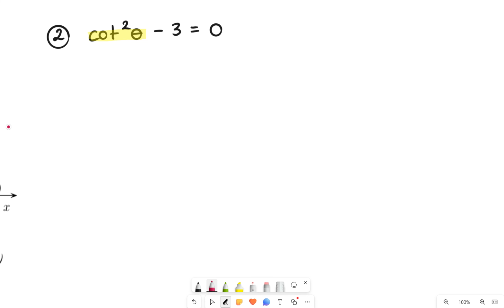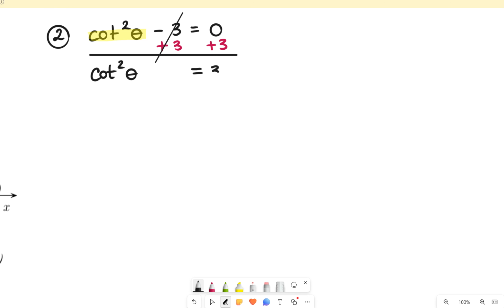So the first thing we're going to do is add 3. Once I add 3, cotangent squared theta will come down. Then minus 3 and the positive 3 zero out. And 0 plus 3 is 3.